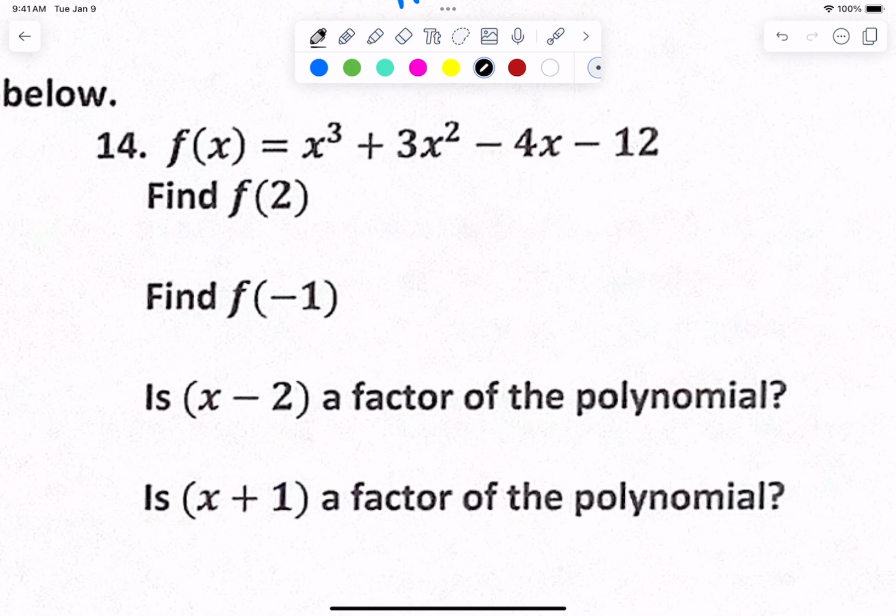Can you come check my work? Right? Yeah, that's what she got, so we're going to say yes.